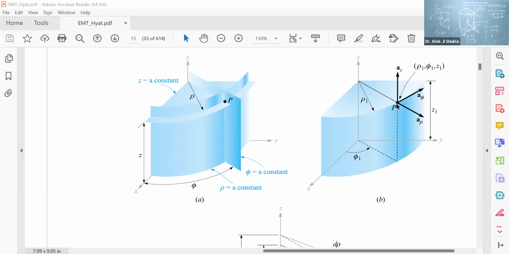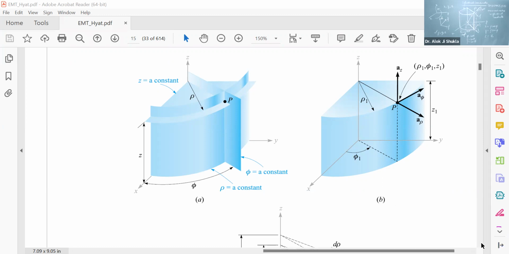So this vector is transformed here. मैंने parallel करके बनाया था ना, पहले यहाँ बनाया था, उसके बाद यहाँ shift किया था, right? And rho is increasing, so this will be the direction. So that vector is shifted here. See, a rho, a phi, all these are notations for rho cap, phi cap, okay? And this a z is z cap. This is another notation I will tell you. Okay?